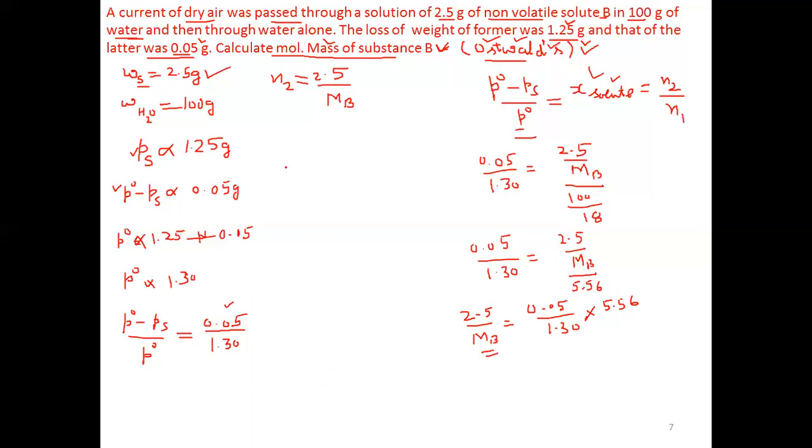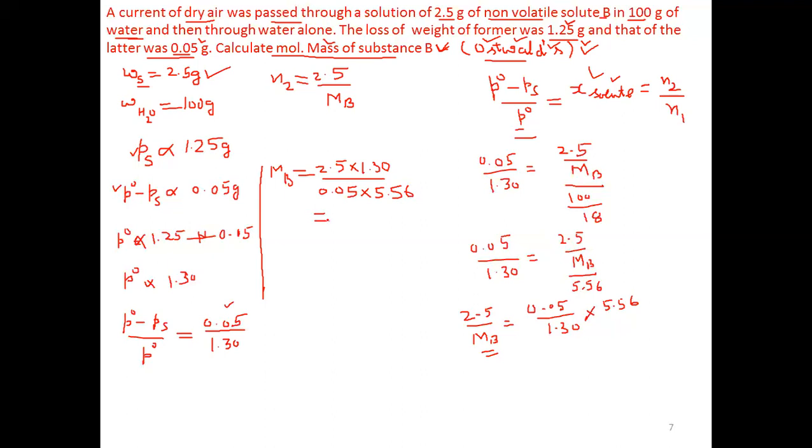So MB will be equal to 2.5 into 1.30 divided by 0.05 into 5.56.